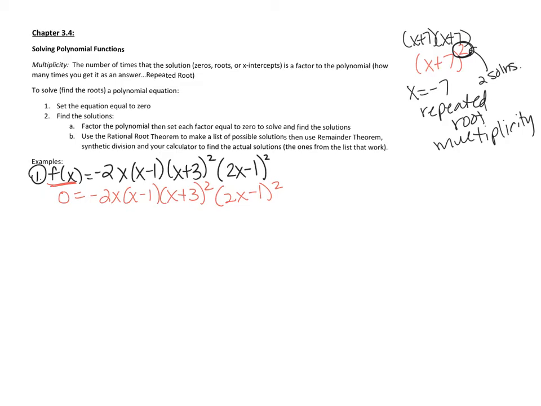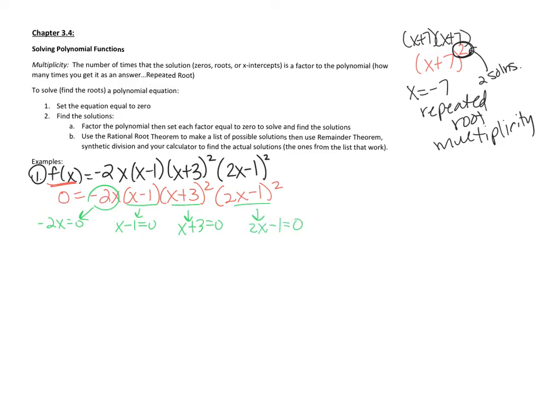I don't need any of the rational root theorem or the remainder theorem. All I need to do is say, since I have them factored, I'm going to set each of these factors equal to 0, and then we're going to solve for each of our zeros.